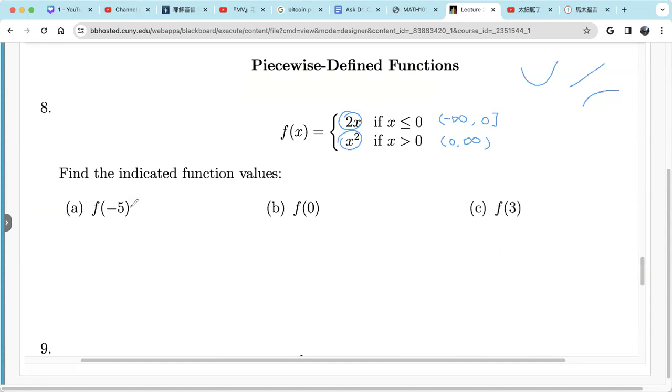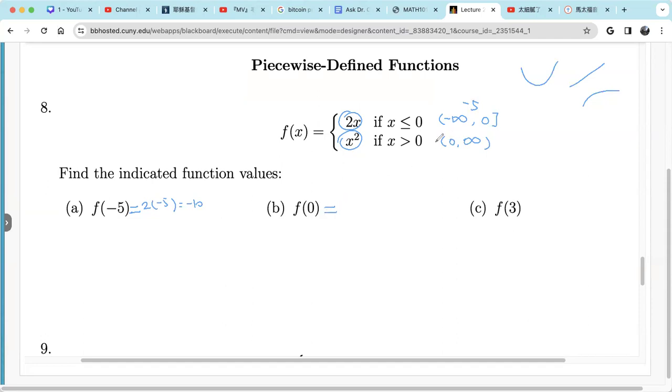So now let's first evaluate some values. So f of -5, this means x equals -5. So -5 is in which interval? First or second? Seconds are positive, right? In the first one. So -5 is in this interval. Then in this interval, we have to use the function 2x. So 2 times -5 is -10.